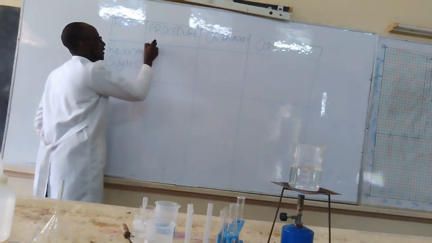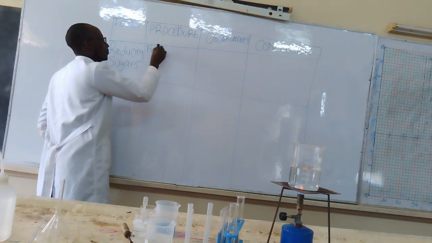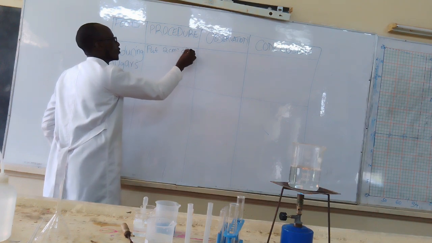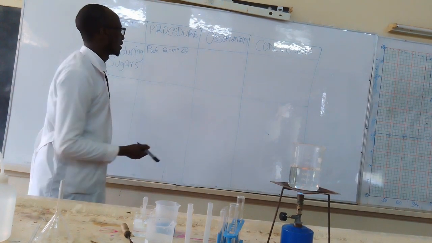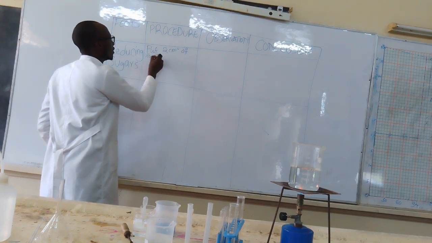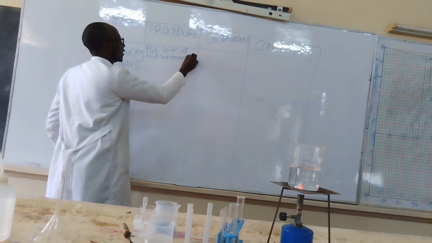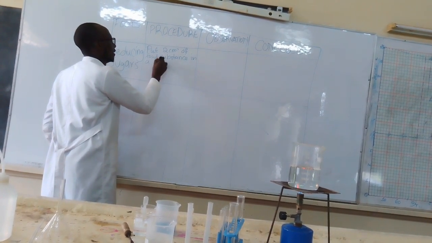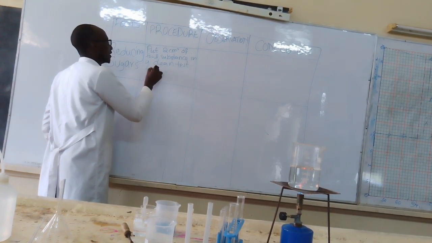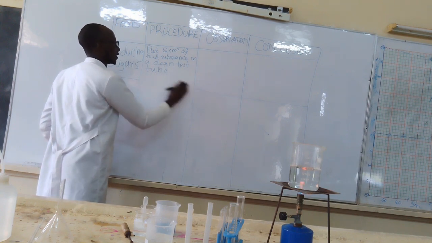Procedure number one: put 2 centimeters cube of the food substance in a clean test tube.